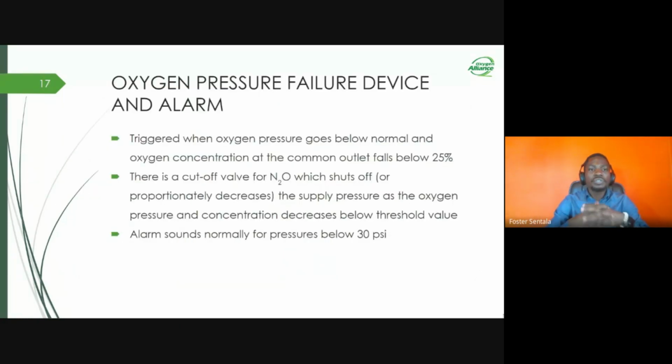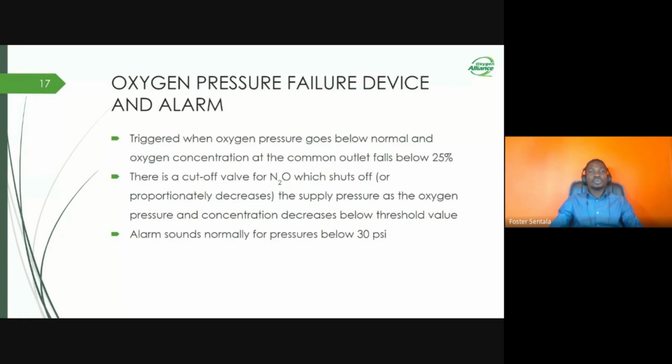I'll also explain to you mechanisms that have been put in place to make sure that you have a controlled amount or concentration of oxygen being delivered to the person. So there's actually a sensor for oxygen concentration.